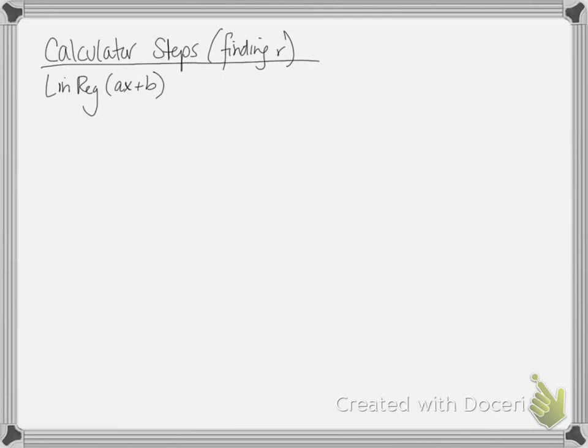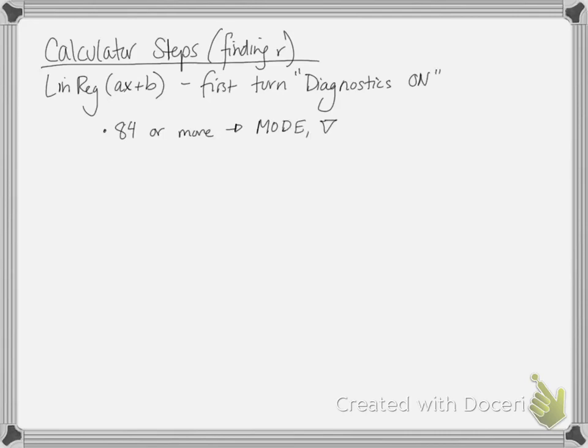However, we first turn your diagnostics on. If you have a newer calculator, like a TI-84 or 84 Plus, you should be able to go to mode, arrow down, and make sure your diagnostics are on and not off.